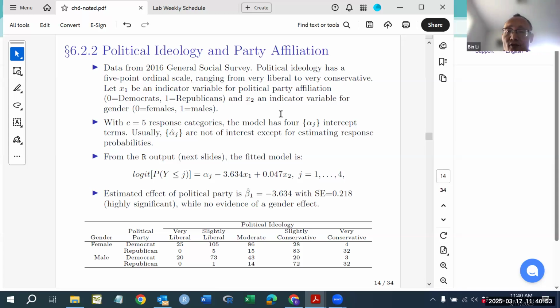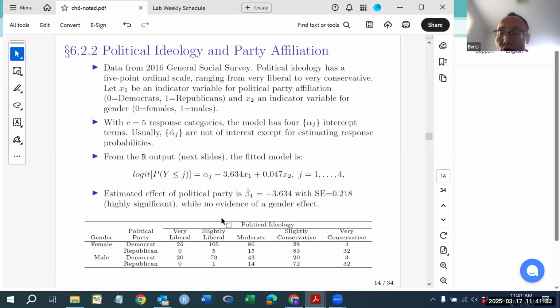We have a 5-point ordinal scale for political ideology, ranging from very liberal, category 1, to liberal, category 2, moderate, category 3, conservative, category 4, and very conservative, category 5. That's the order for the response, and I put the order here. You can see that in this table.